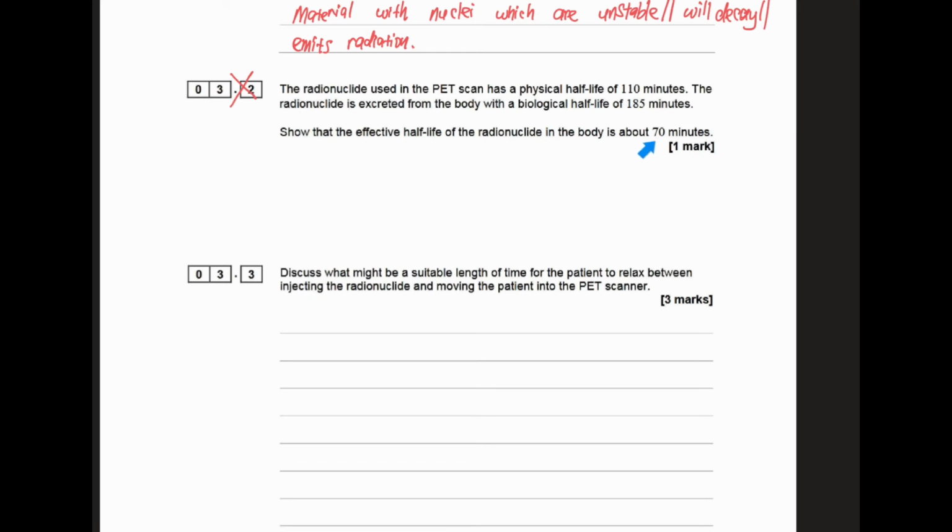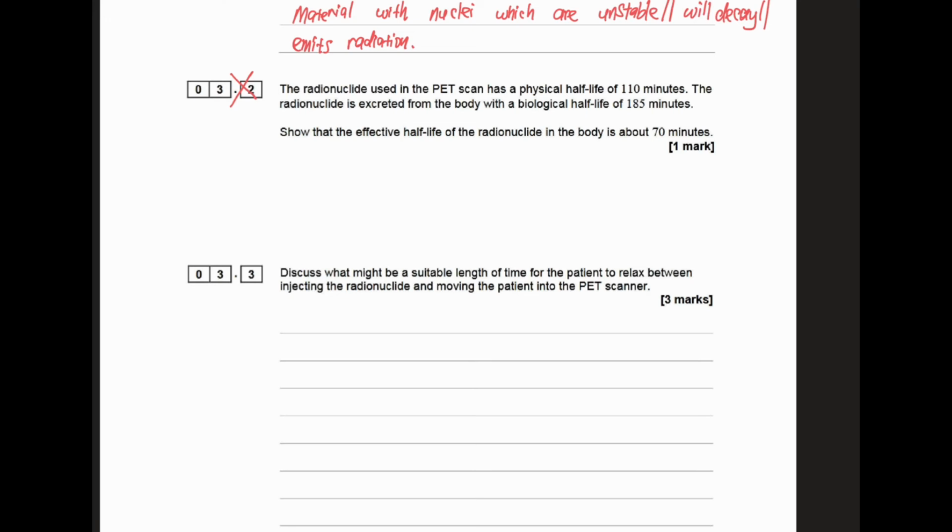So if it's 70 minutes, that means your length of time should be around 70 minutes. Okay, so you can put your answer in this way. Of course, you can mention something like less than 70 minutes.